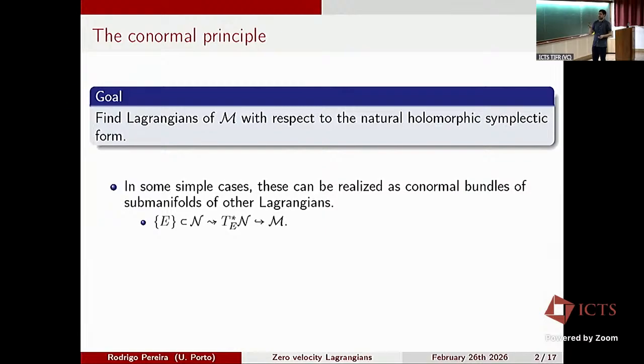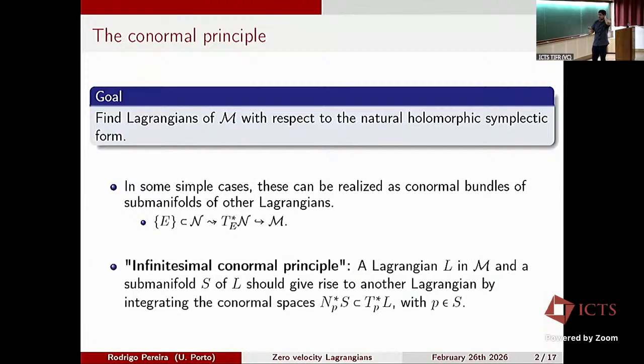So if you take a point inside a moduli of vector bundles, the conormal bundle is just a cotangent fiber, which is obviously Lagrangian. But for more complicated cases, it doesn't really work. So you try the next best thing, which is you try to find some Lagrangian which agrees infinitesimally in your submanifold with the conormal bundle.